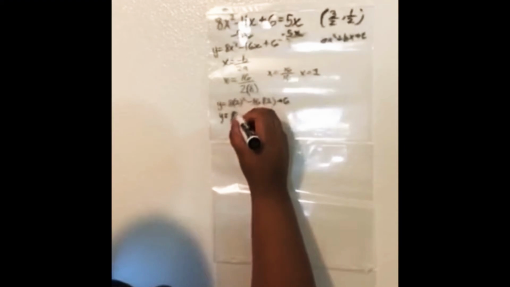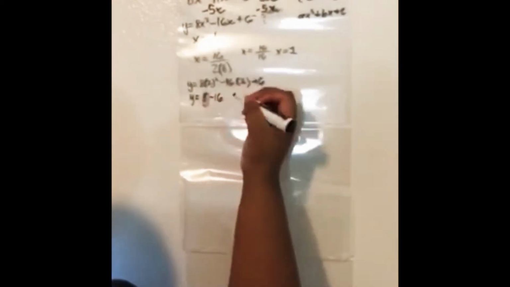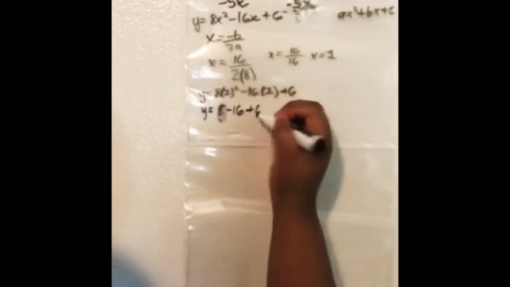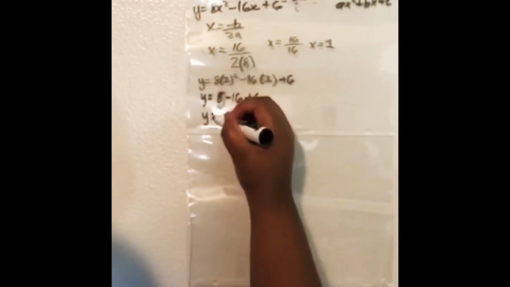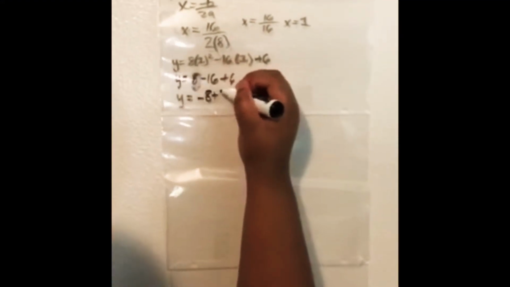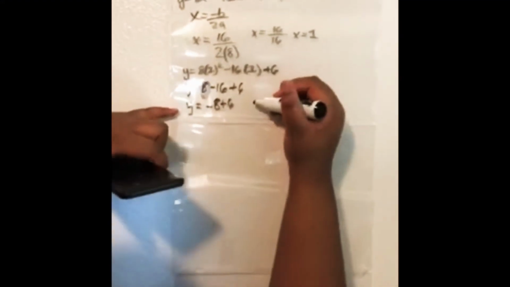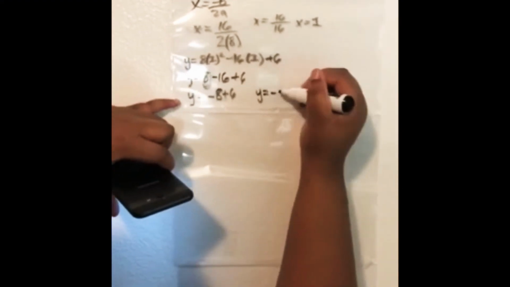Then negative 16 times 1, which is still negative 16, and then plus 6. So y equals 8 minus 16, negative 8, plus 6, which is y equals negative 2.